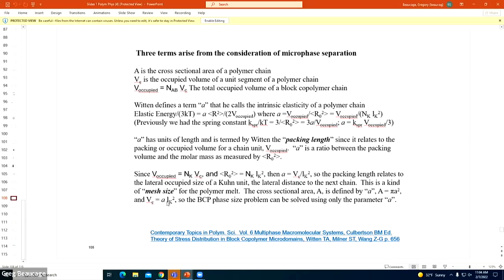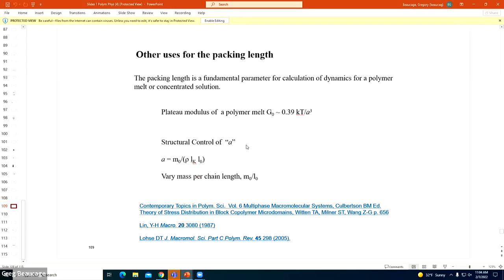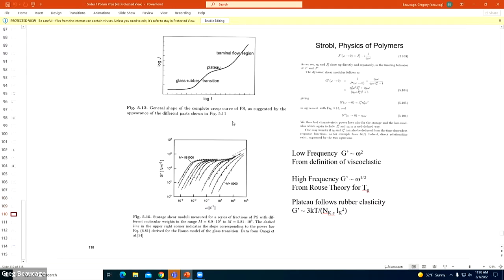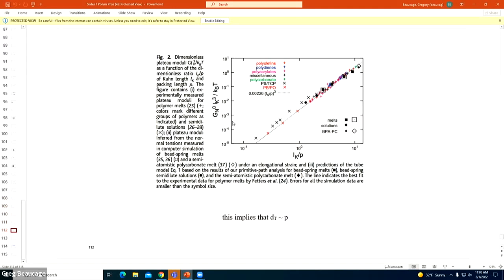It ends up being the ratio of the monomer volume to the Kuhn length squared, which has units of length. It doesn't really mean much, but it's an interesting parameter, from 10 to 50 angstrom. That number can be calculated for anything pretty easily if you know the Kuhn length, the density, the mass of a monomer, and the length of a chemical bond.